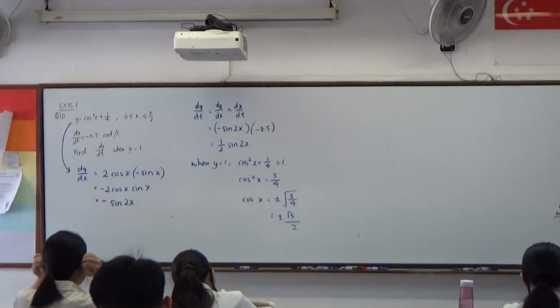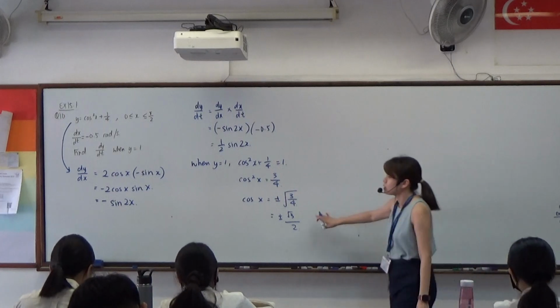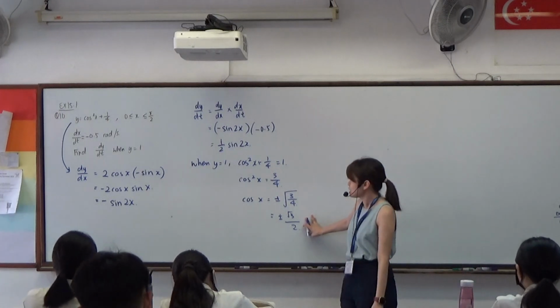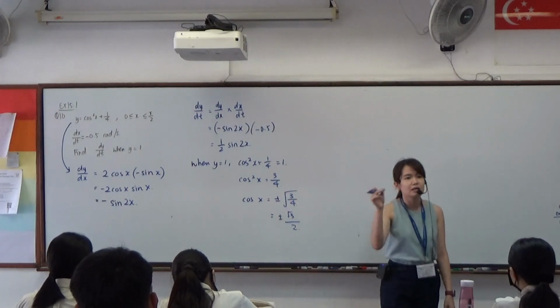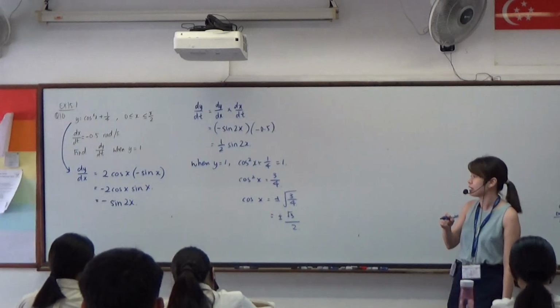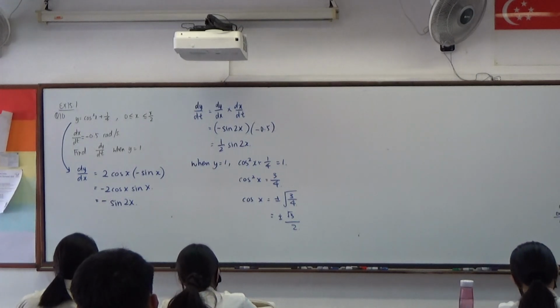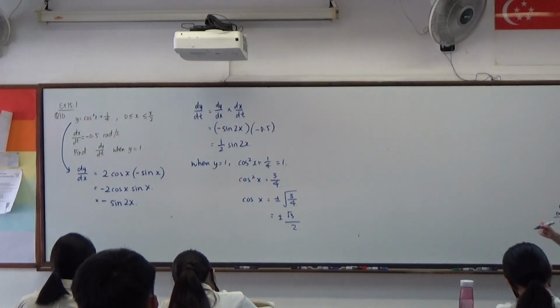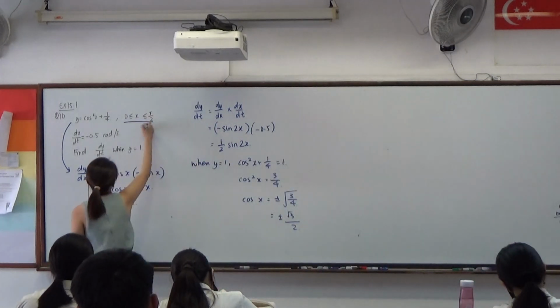Anytime when you see square root 2 or square root 3, most likely it is your special angle. To recognize a special angle, you can use your calculator in degree mode to see what is the degrees itself. In this case, the degrees will actually be 30 degrees. But then we want to work things out in radian because this is in radian here.